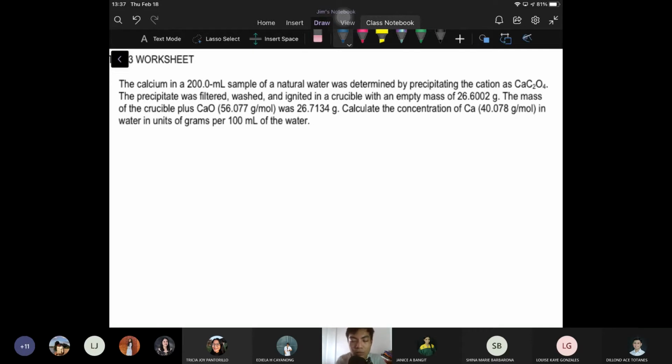What's the purpose of ignition? So the purpose of ignition is to dry our sample and also to convert our oxalates into oxide. So anong nangyari dito sa part na to after ignition? Calcium oxalate yan before. So, ganito yung nangyari.